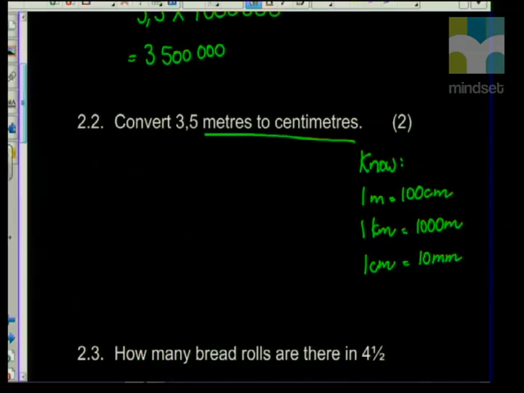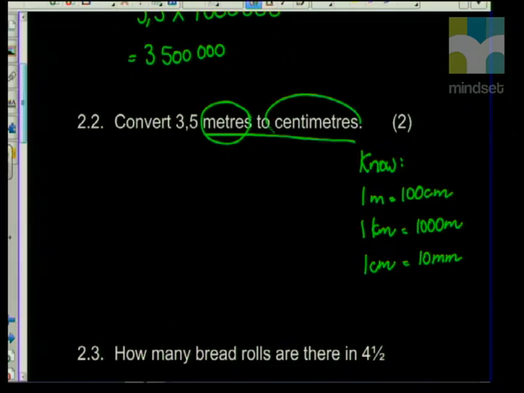There's lots and lots of those. I would suggest that you make sure that before you go into your exams that you actually have learnt those, because those are not going to be given to you and you do need to have those ready in your brain to use. So we want to go from meters to centimeters, and I now know that 1 meter is the equivalent of 100 centimeters.